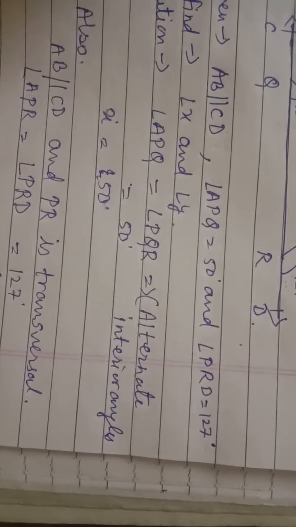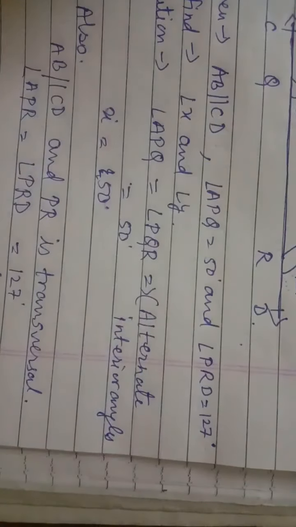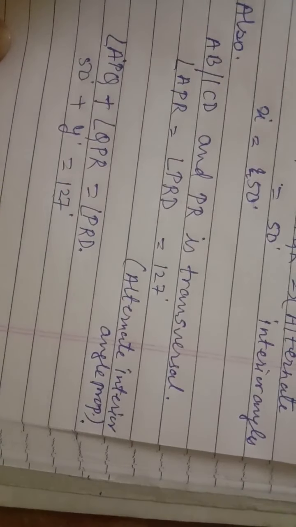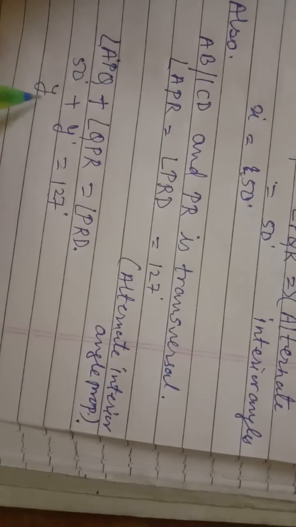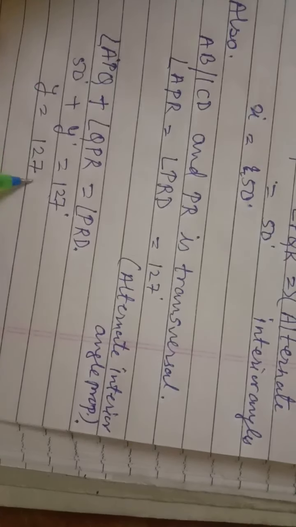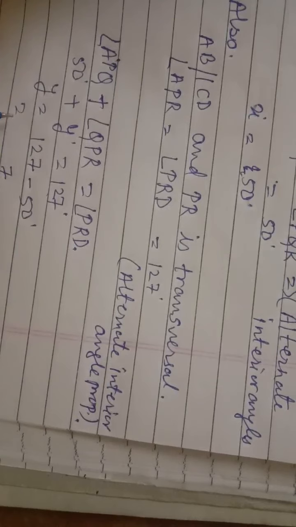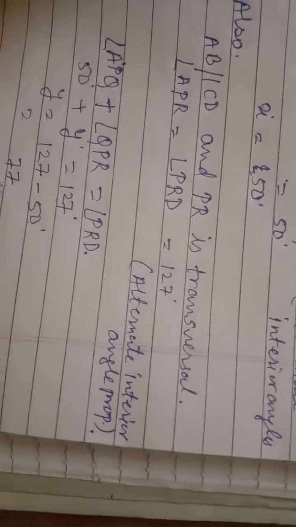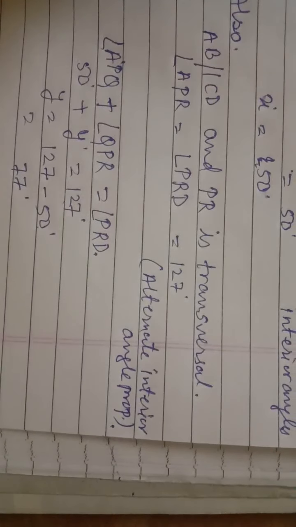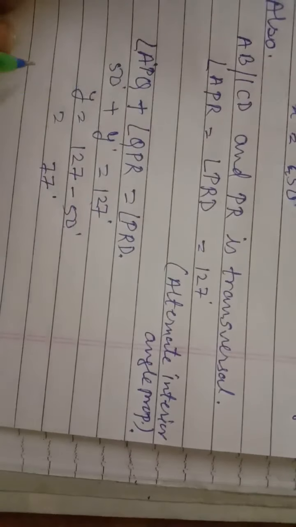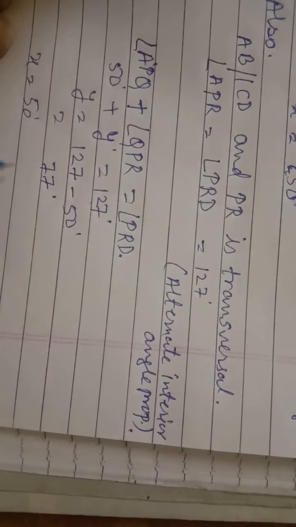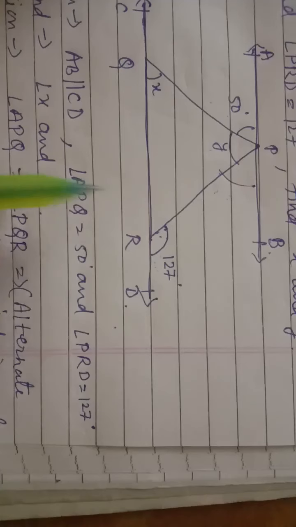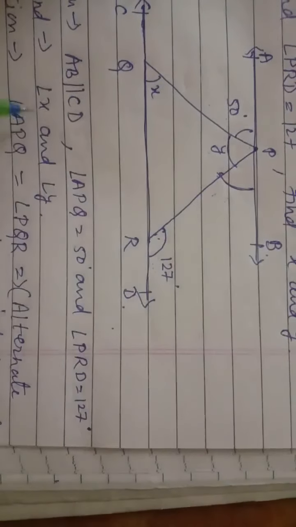APQ we know it is 50 degrees. QPR we don't know, it is Y, and PRD is 127 degrees. So Y is equal to 127 minus 50, which is 77. So the value of X is 50 degrees and Y is equal to 77 degrees.